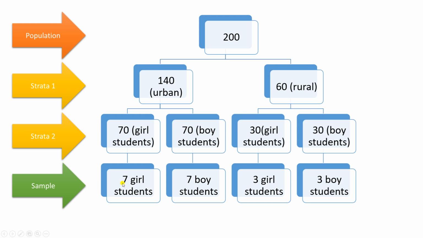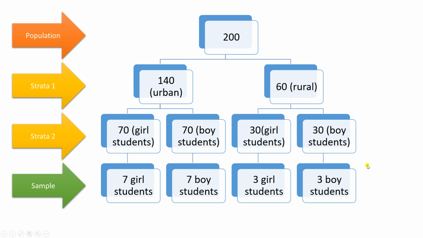I know that I have to select 7 students here, 7 boy students here, 3 girl students here, and 3 boy students here, so as to maintain the 70%, 30% urban-rural differentiation, as well as the boy and girl 50%, 50% differentiation. But the method of selection of the sample in the last stage is not random but according to my convenience. It would be called quota sampling, right?